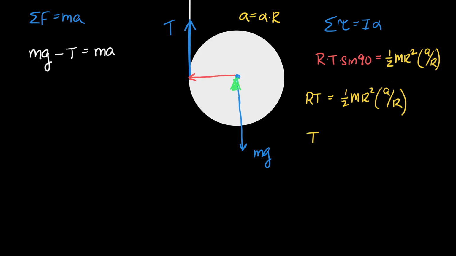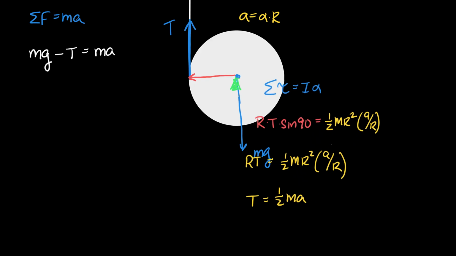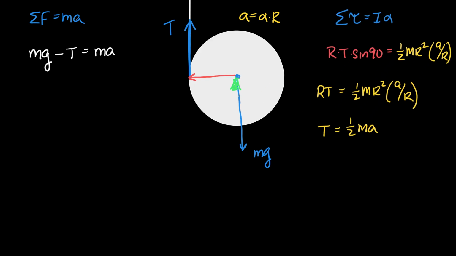So T equals 1/2 Ma. Here's the downside of using this one. This isn't the answer, right? It doesn't give us the answer directly. So now we're stuck looking for the answer, but like our other examples, we can take this and write it over here.